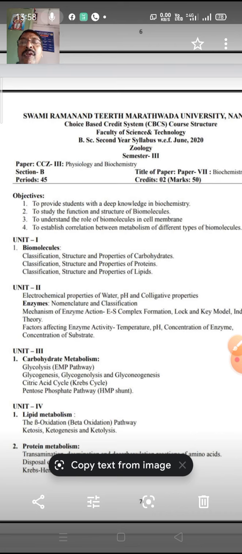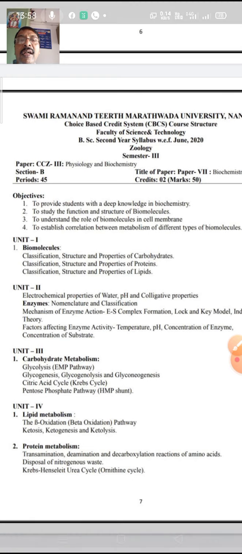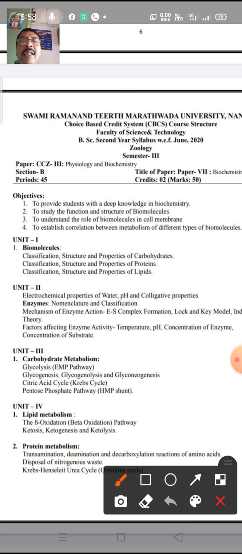So there are 4 units. In this first unit, the biomolecules, you have to study the classification, structure and properties of carbohydrates. The second is classification, structure and properties of proteins.